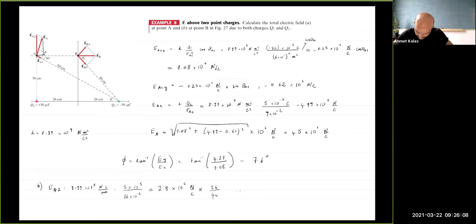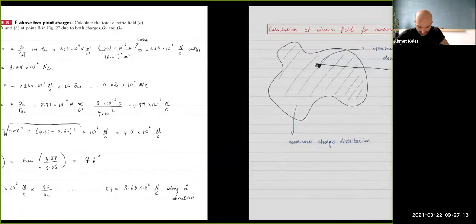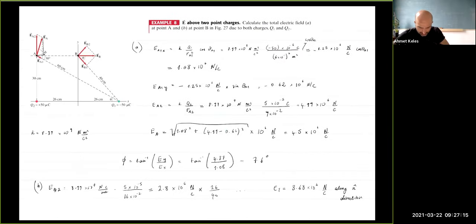E total is 3.68 times 10 to the 6 Newton per Coulomb along the X direction.